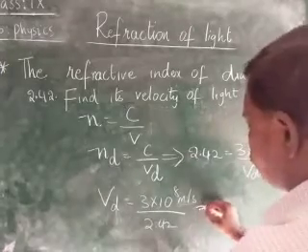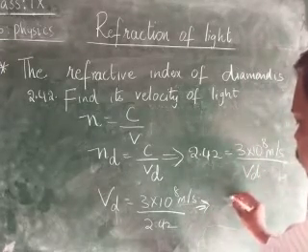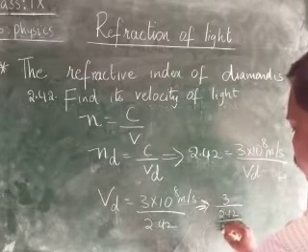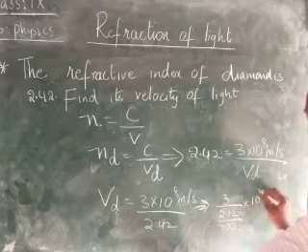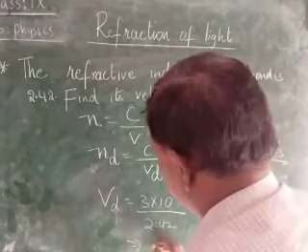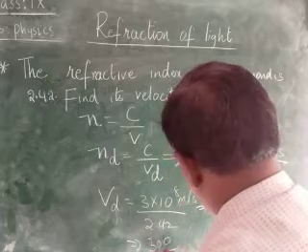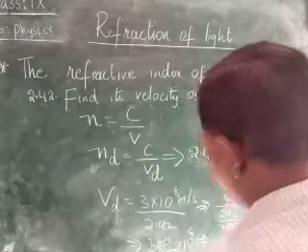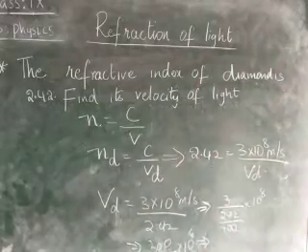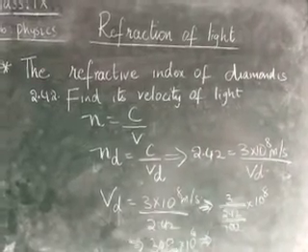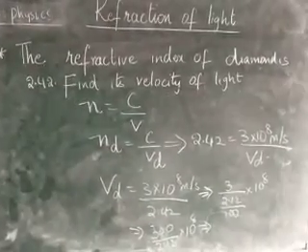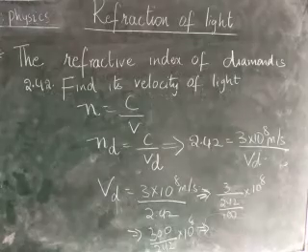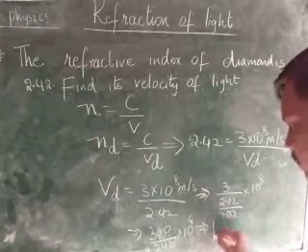Now how can we write this? 3 by 242 by 100, into 10 to the power of 8. We can write this as 300 by 242 into 10 to the power of 8. 242 means we will be getting something like 1 point.